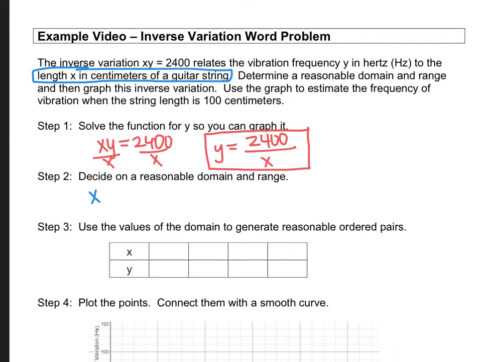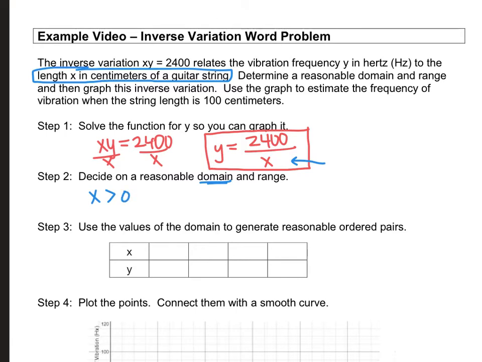So if you're measuring in centimeters, you're going to have either 0 if it has 0 length, or all positive numbers. Nothing will be negative when x is the length in centimeters. But also x is in the bottom of our fraction, so x cannot be 0 because 2400 does not divide by 0. So basically a reasonable domain is all of our x's have to be greater than 0.